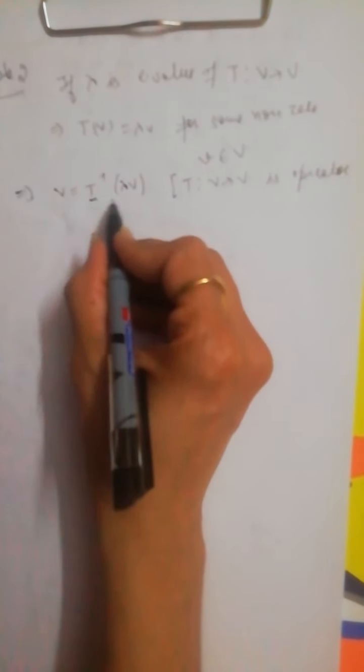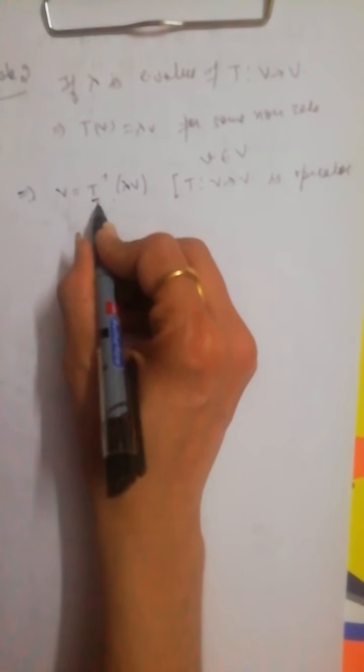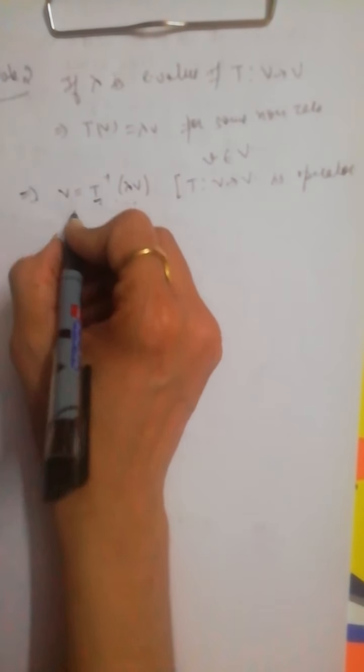T inverse is also linear since T is an operator. We can say that v is T inverse of lambda v.